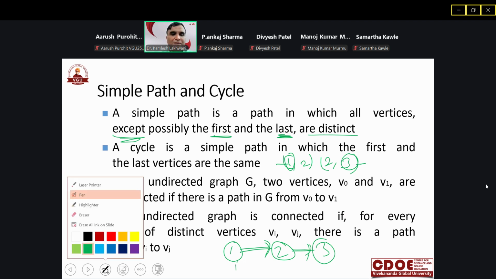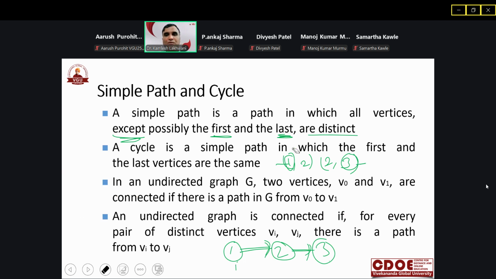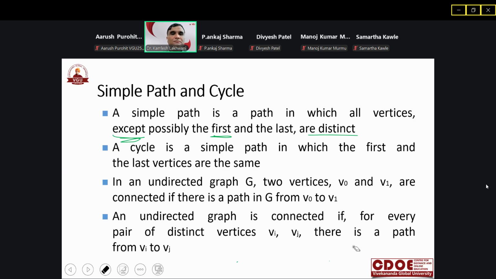So what do you mean by cycle path? Just try to understand. A cycle is a simple path in which the first and the last vertices are same. For example, 1 to 2, 2 to 3, and 3 to 1.